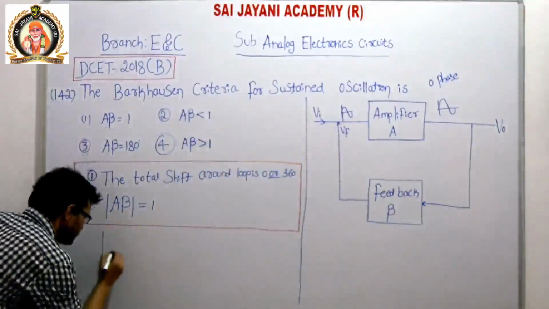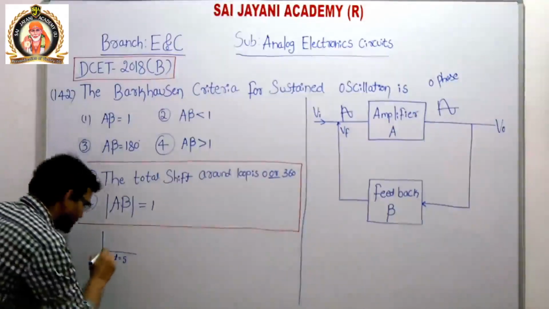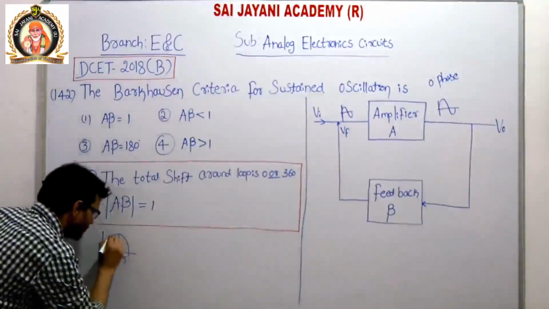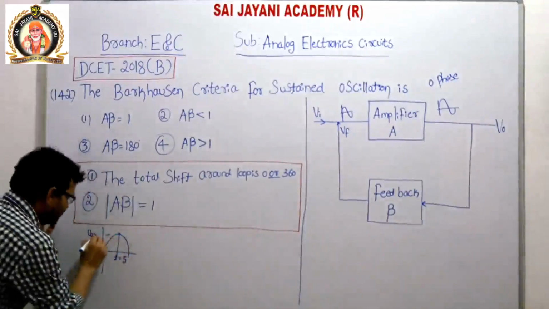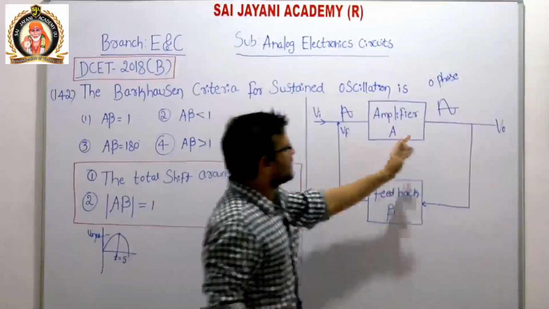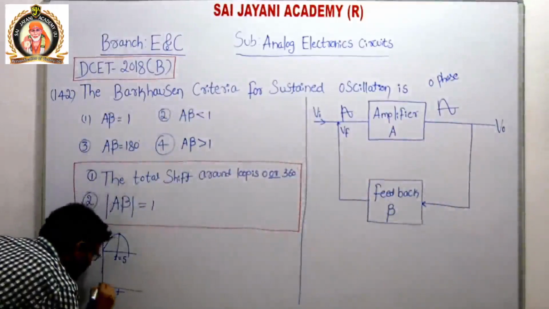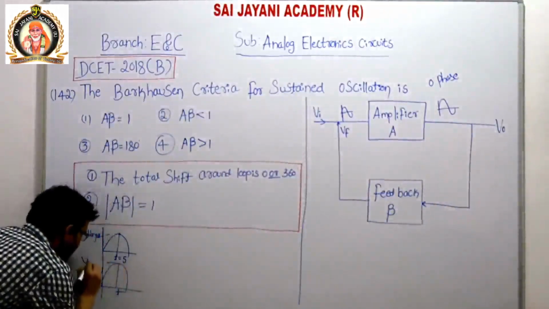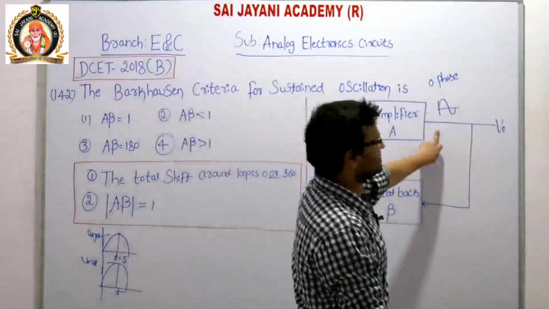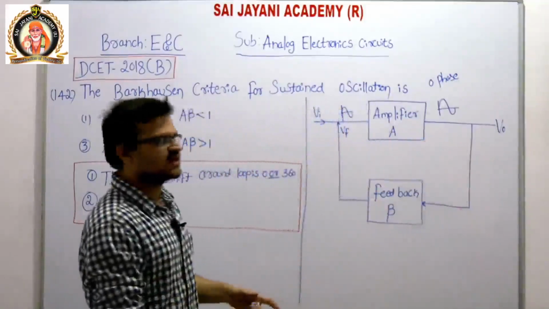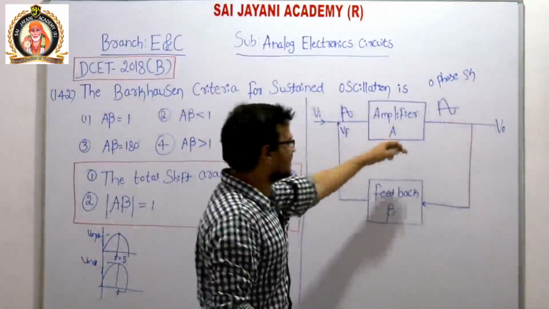That is, at t equal to 5 seconds, if we have a maximum amplitude, V max, then after the amplifier circuit you should also have a maximum amplitude at t equal to 5 seconds. That means the V in signal and the output signal of the amplifier circuit are in phase.